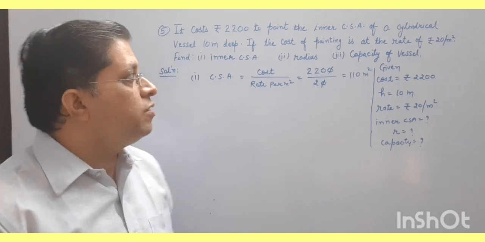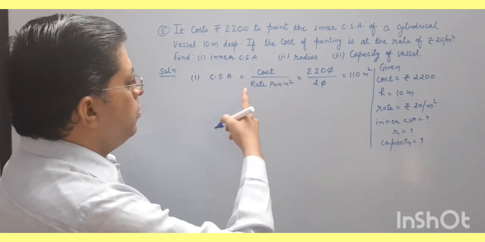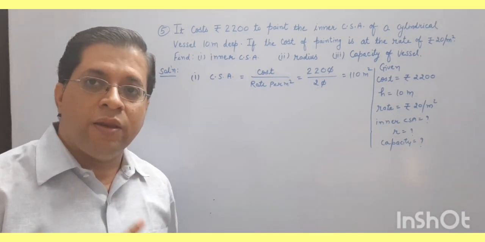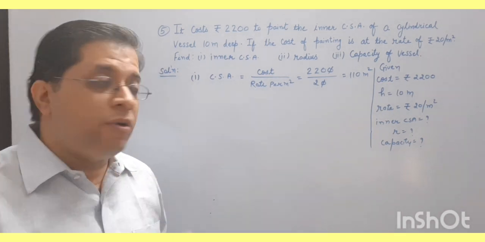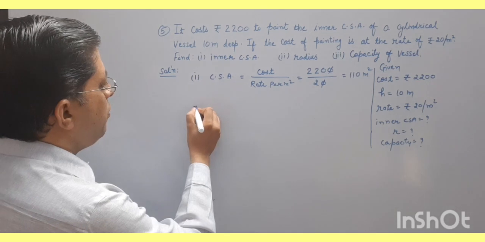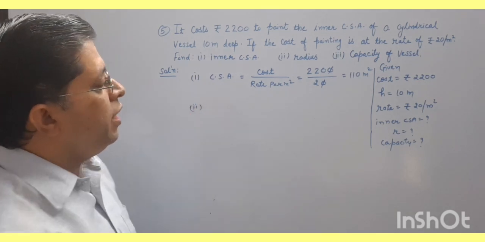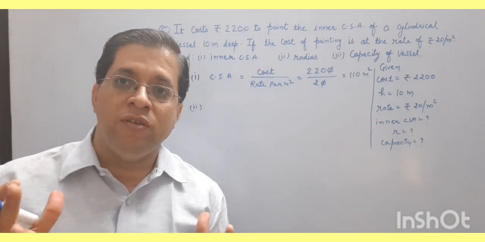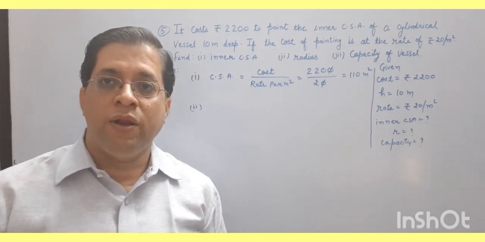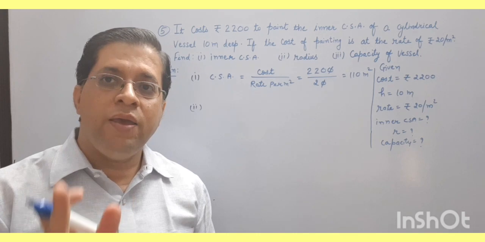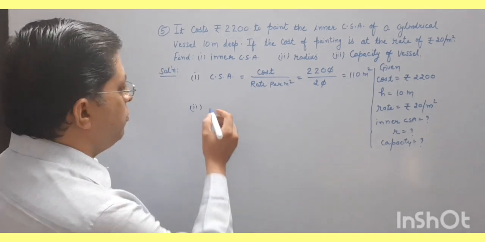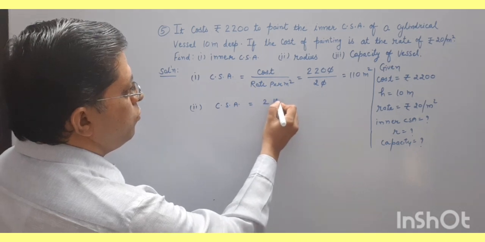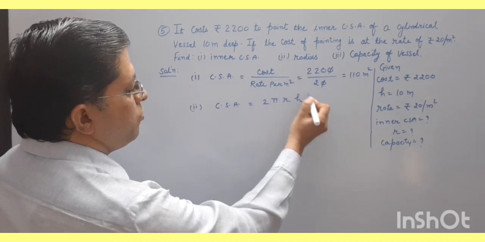Second part. Now you got CSA as 110. What do you have to find in the second part? The radius. CSA is given as 110, so you can apply the formula of CSA of a cylinder. The CSA of a cylinder is 2 pi r h.